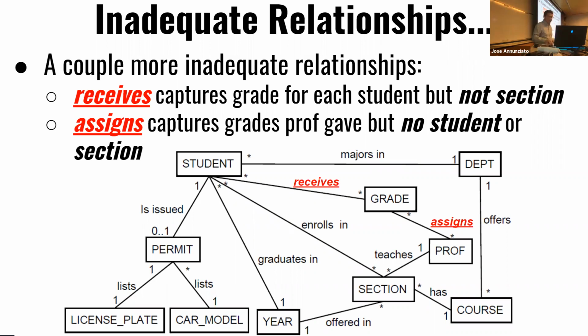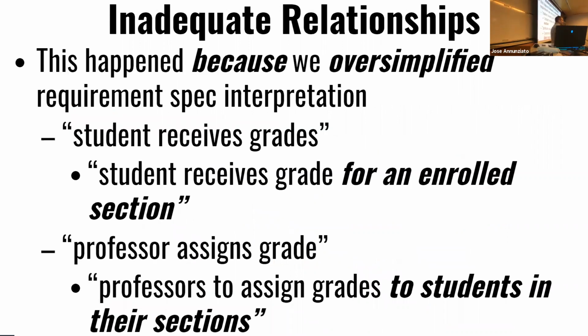And usually these problems arise because when we read it in English, we usually tend to combine nouns in pairs, when actually, some verb phrases might combine three nouns or four nouns, which are somehow all related. So we might have read lazily, student receives grades, and stopped at that.